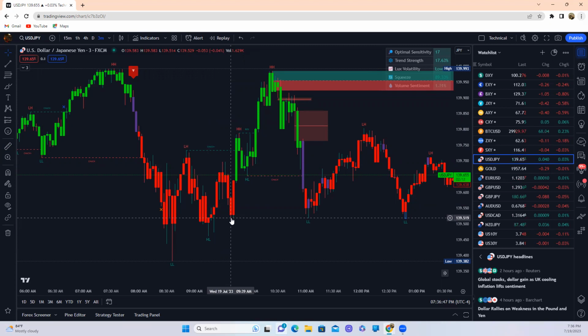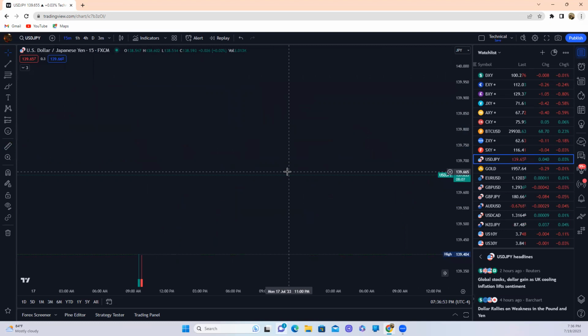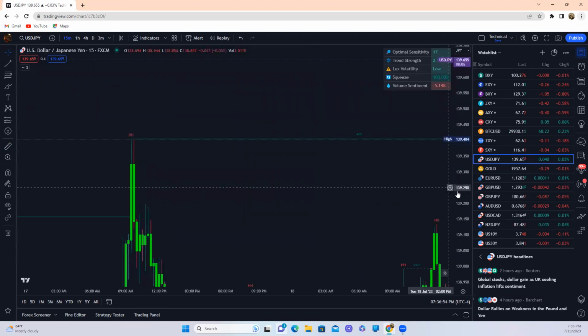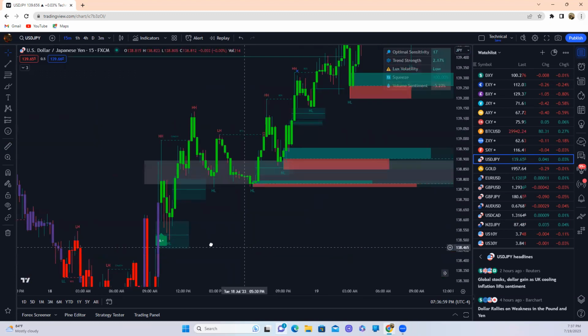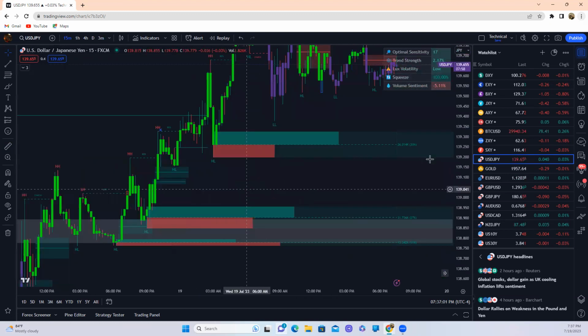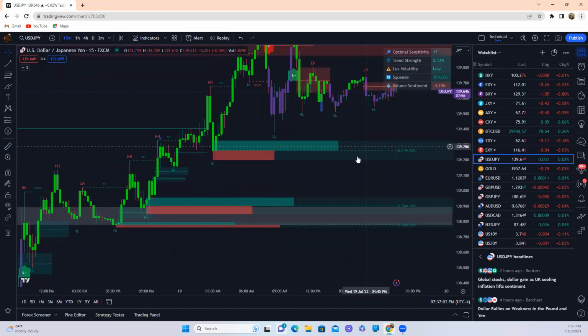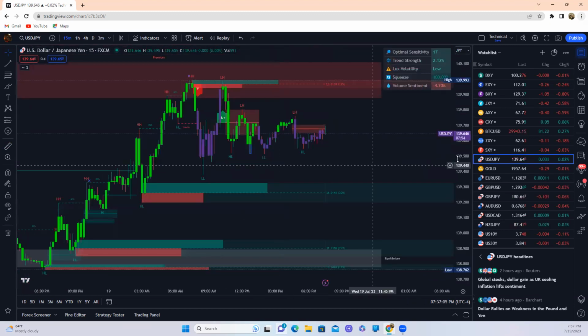But for your overall analysis, you should be using the higher time frames, and that's what you base your trades, your entries and your exits, off of. It's just too much noise on the lower time frames for us to really base our technical analysis off of. Even the 15-minute is a lot noisier than the 1 hour, 4 hour and the daily. But it seems to be working for me so far.